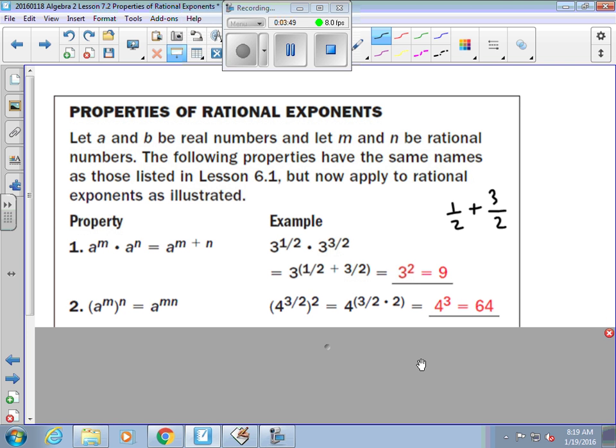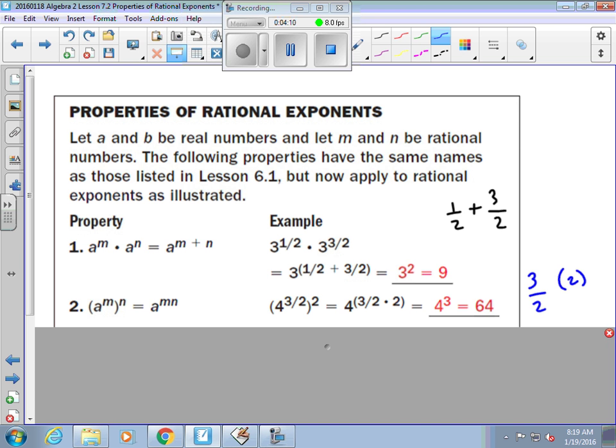For this one, just like the bell work again, you're raising a power to a power. Same base, a. You do a to the m times n. So 4 to the 3 over 2, squared, you multiply 3 over 2 times 2.